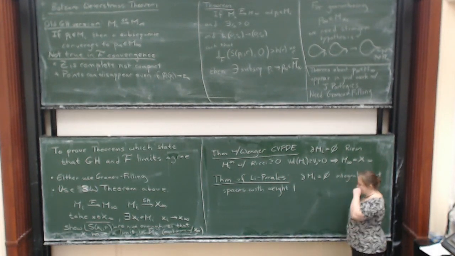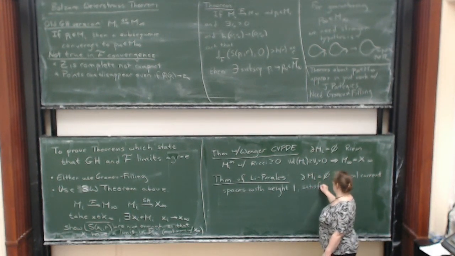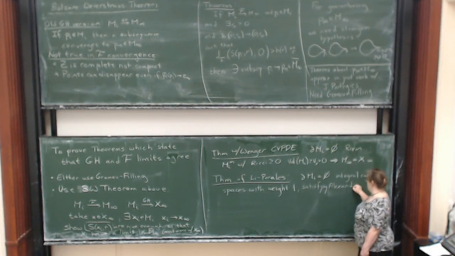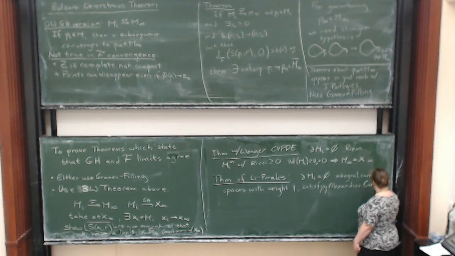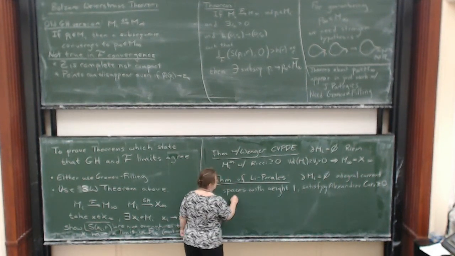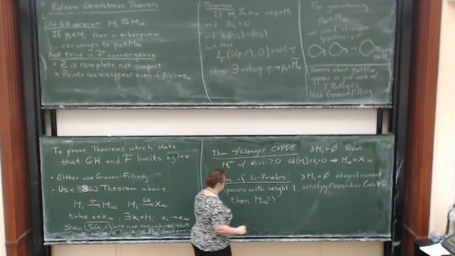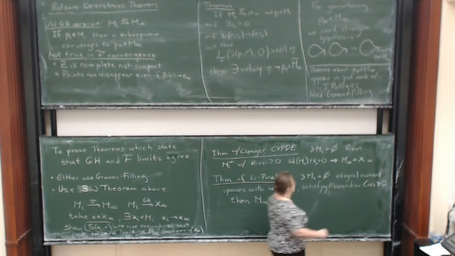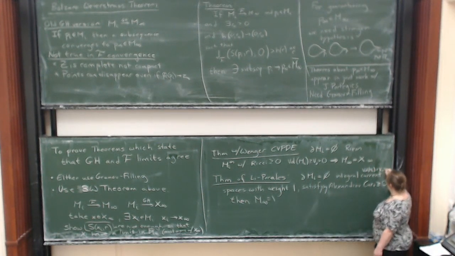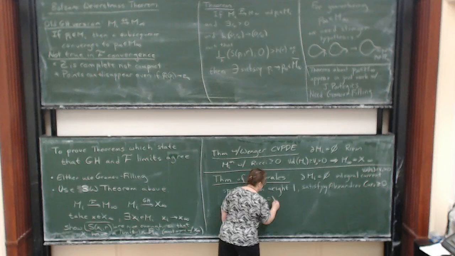The weights, remember, they have integer weight. Satisfying Alexandrov curvature bounded below. That's a triangle comparison. Then M infinity equals also the volume, right? Then M infinity is X infinity.